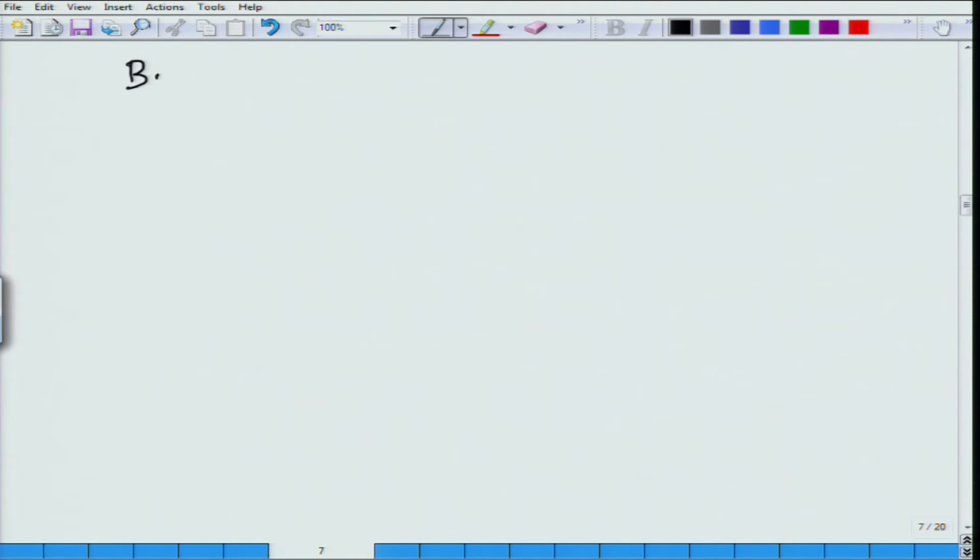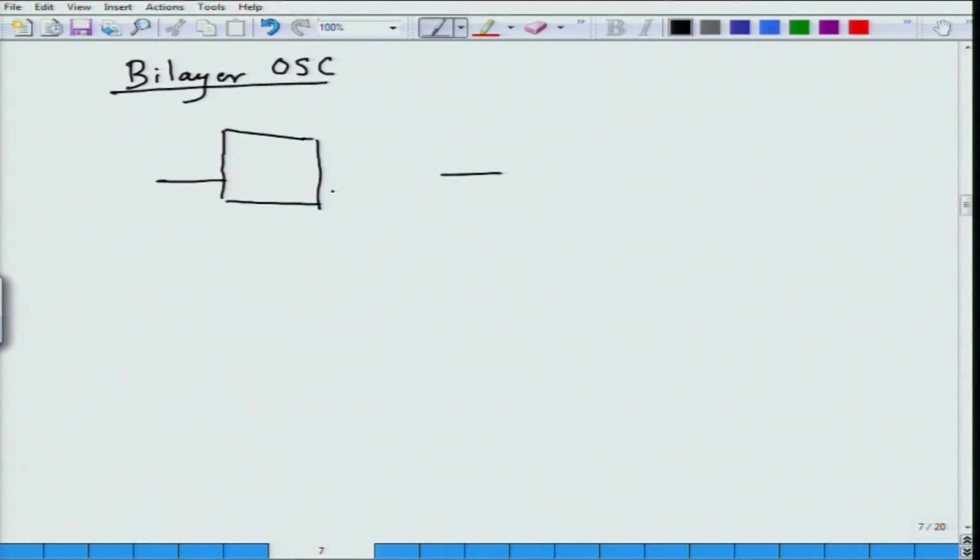In the bilayer organic solar cell, we basically use two organic materials. So, once again I have my electrodes, and the active layer is made of two organic semiconductors which provide a discontinuity of the HOMO level at this point.